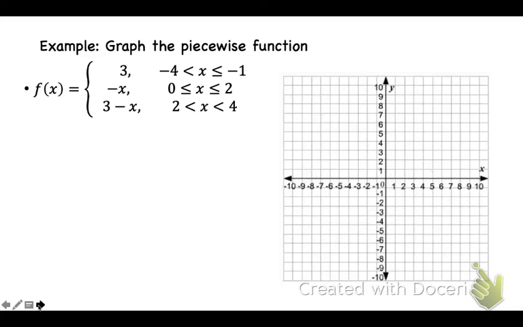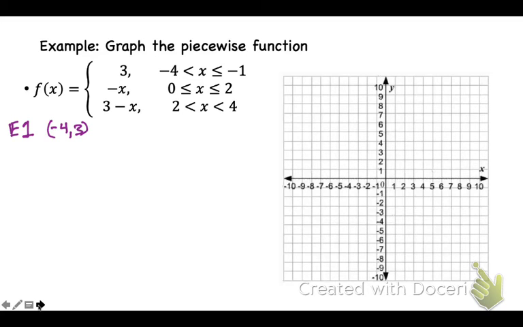So what's my lowest number I'm using? Negative 4, and what's my biggest? 4. Okay, so equation 1, what am I going to plug in? Nothing, because it says from negative 4 to negative 1, the answer is 3. So negative 4 comma 3.